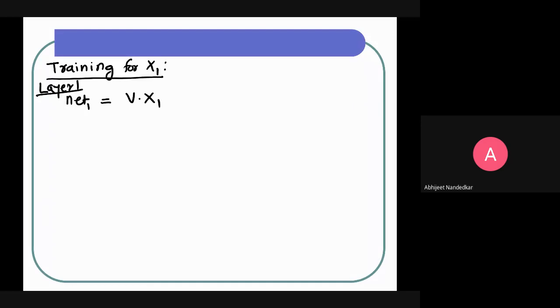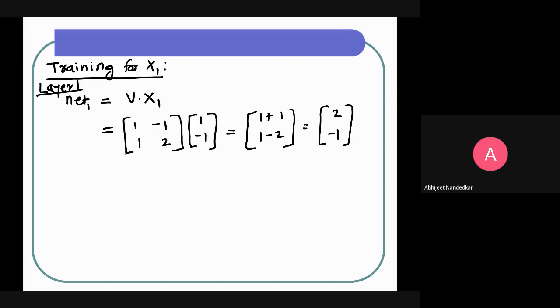Now let us find out the output of layer 1, that is the hidden layer. So net 1 is V into X1. So this is my V and this is V X1. So V into X1 will directly give you the net values for two neurons in the hidden layer.